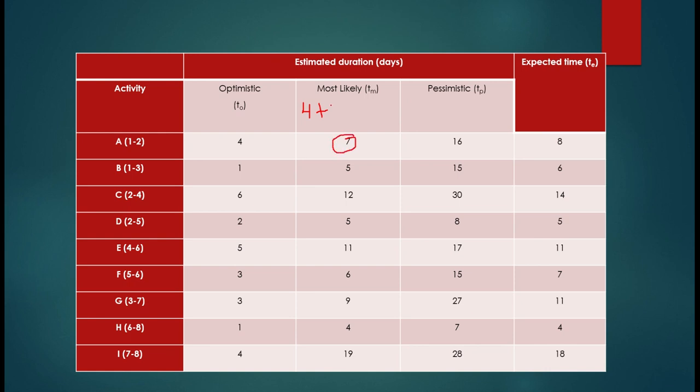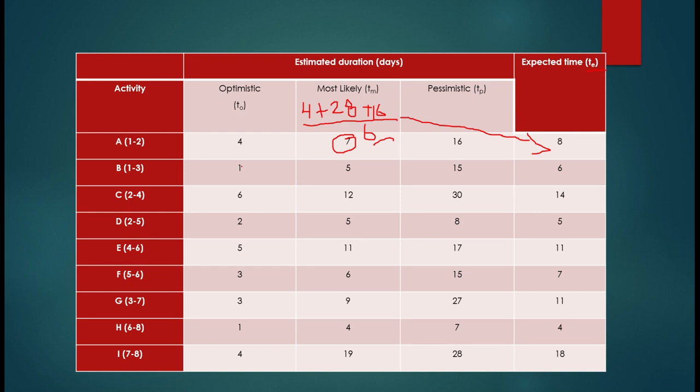So 7 into 4 is 28, plus 16, divided by 6. So 16 plus 4 is 20, 20 plus 28 is 48, 48 divided by 6 is 8, right? So this is how we have calculated expected time or average time, and the symbol is TE, right?